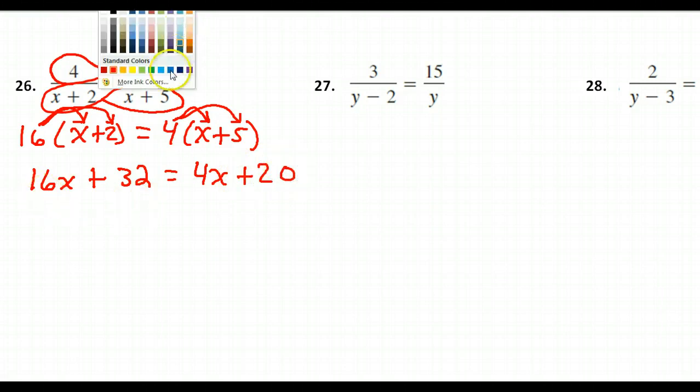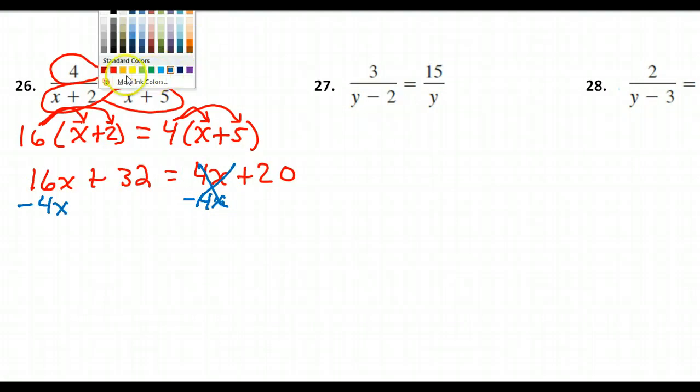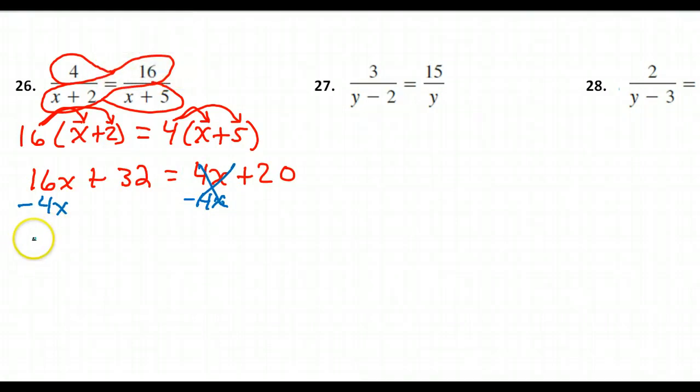Again, anytime you have a variable on both sides of the equation, you should pull those together by nuking one of them this way. So I'm going to subtract 4x from both sides. This is my way of getting the x's on the same side. So this is going to give me 12x plus 32 is equal to 20.